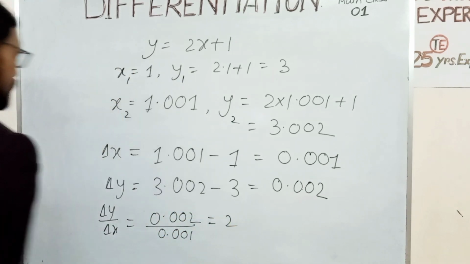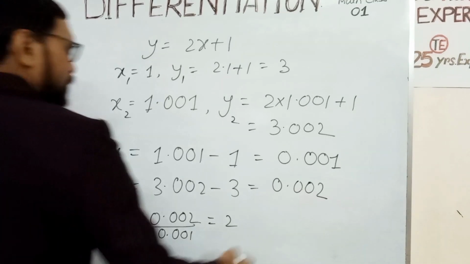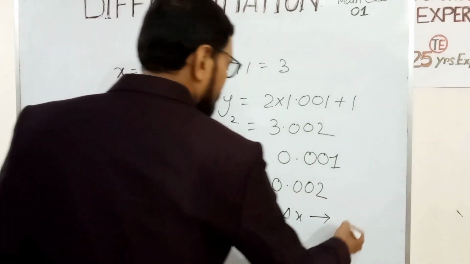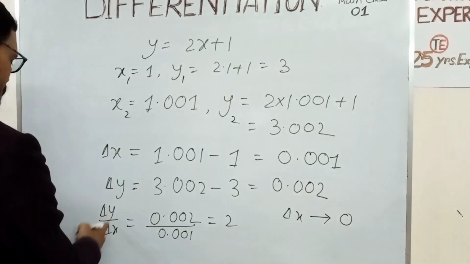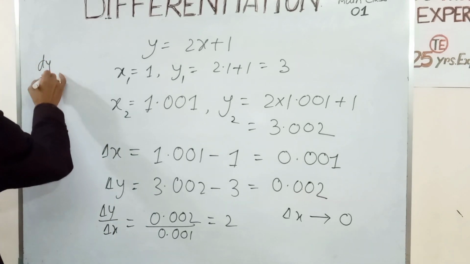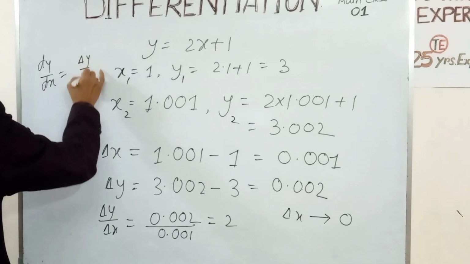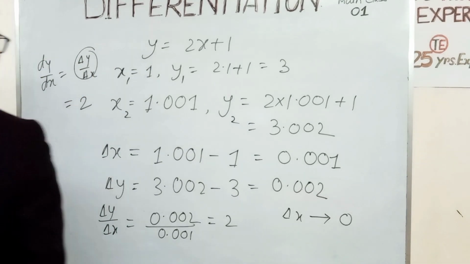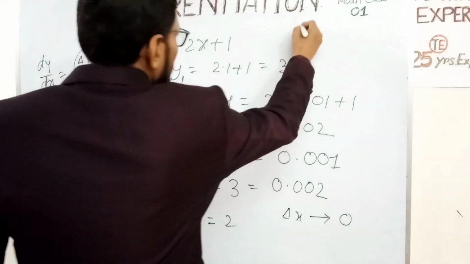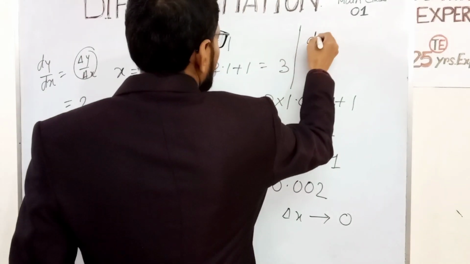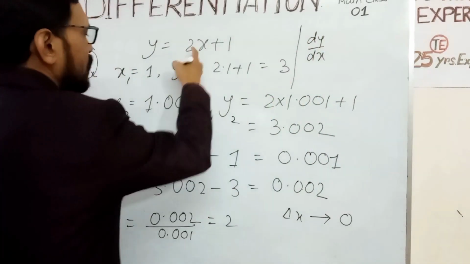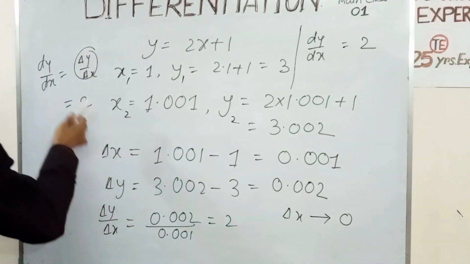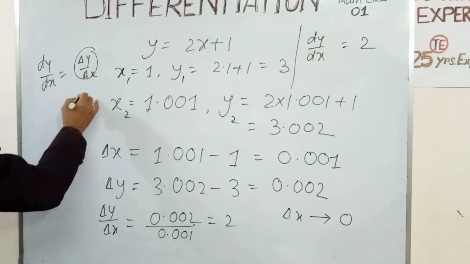That is 2. Now as delta x is very small, that is 0.001, which tends to 0, we call dy by dx equal to delta y by delta x, which is equal to 2. So if you know the derivative of y with respect to x, dy by dx equals what? 2. So by this example we also prove that dy by dx equals 2.